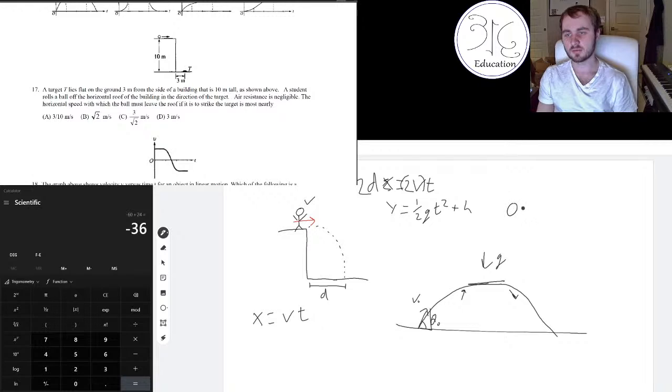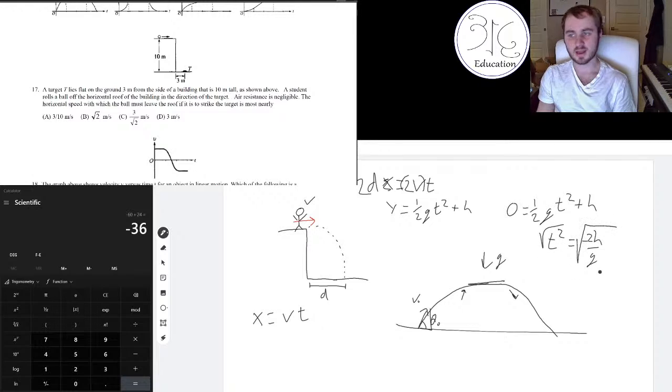And so I'm going to have 0 equal 1/2 gt squared plus h, and I want to solve for what that time is. So let's take t squared is equal to negative h over 2 over g. There we go. And we take the square root.